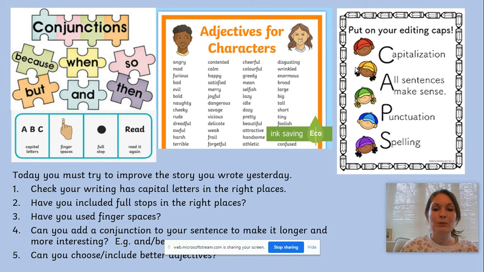So if you want to pause the video here, first thing to do, check that your writing has capital letters in the right places.